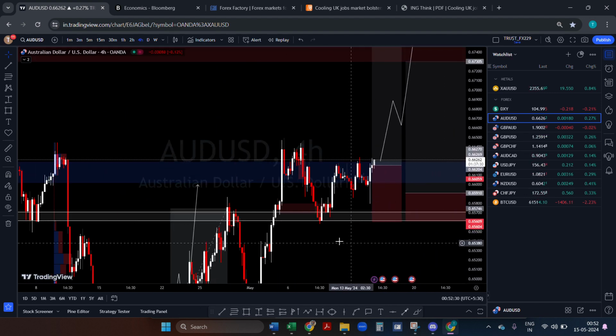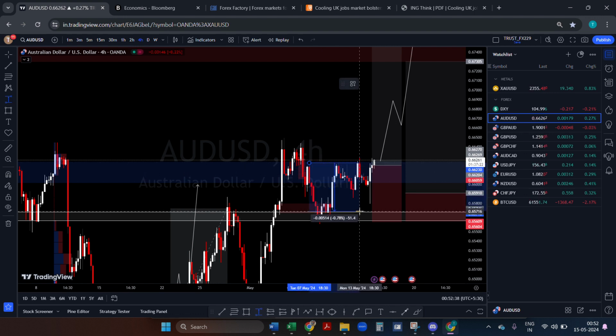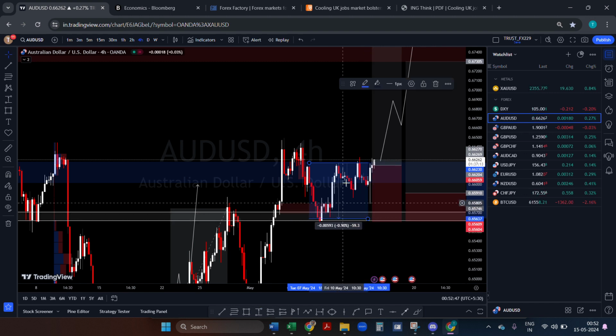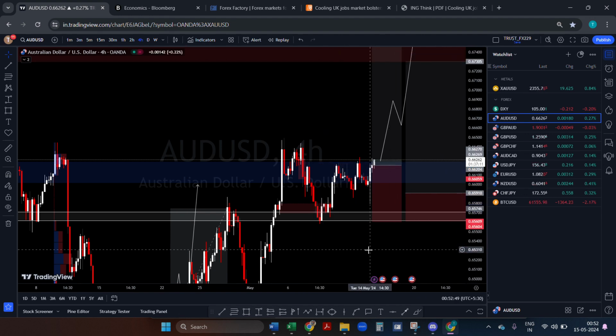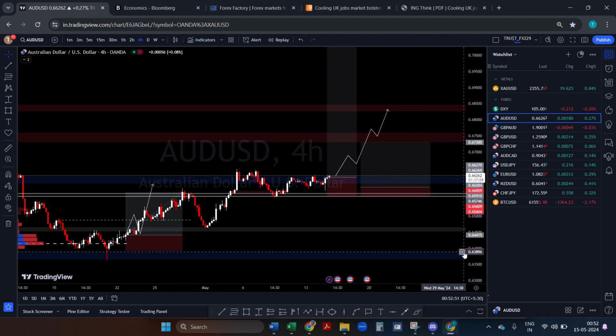I knew that eventually price was going to go up, but I didn't trade it these 3 4 days. I waited for price to consolidate and give us a clear picture to plan our trade.